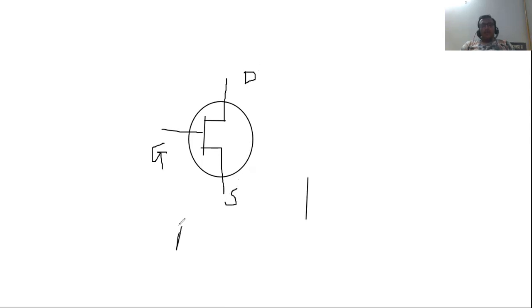Now see, if you want to sketch the symbol of N channel, the gate is considered as a P terminal, and between the P it is considered as N material.